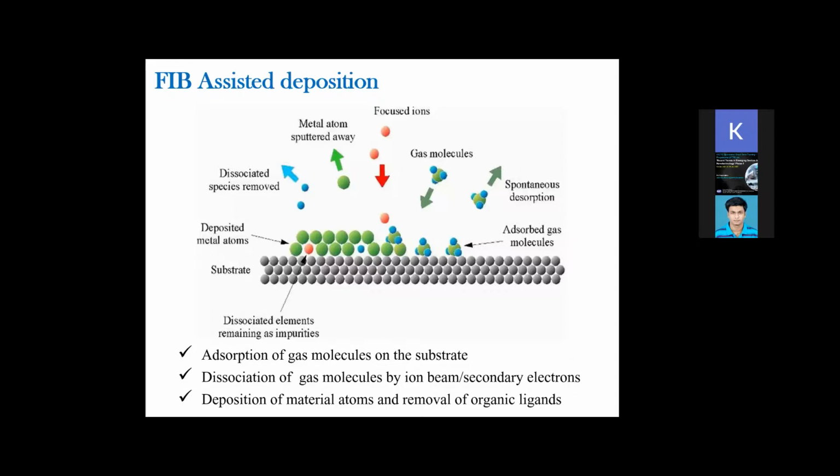Actually, it has been seen that instead of the primary ions, the secondary ions and secondary electrons play the important role. They interact with the adsorbed gas molecules on the substrate. They cause a dissociation of the gas molecules, and then some of the dissociated material gets removed, and the rest of the material gets deposited on the surface according to the scanning.